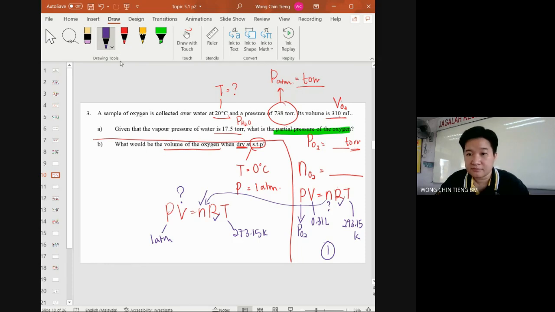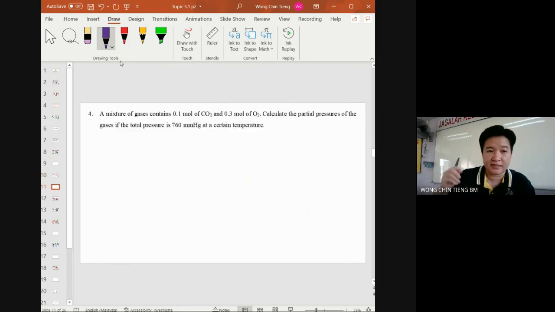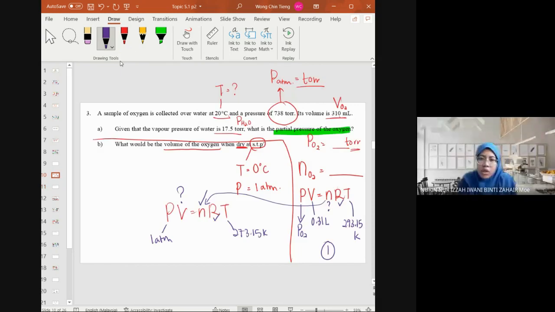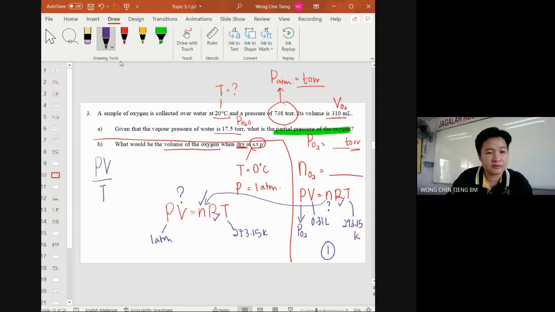Boleh? Cuba buat. Kalau guna PV over T tak boleh? PV over T. Boleh?